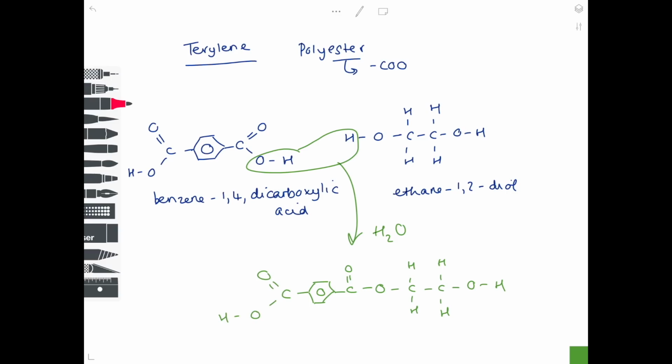And this is just one repeating unit really, because obviously it goes on and on and on this way with lots more condensation reactions taking place. But this is actually the structure of terylene. And notice the ester functional group, which is here.